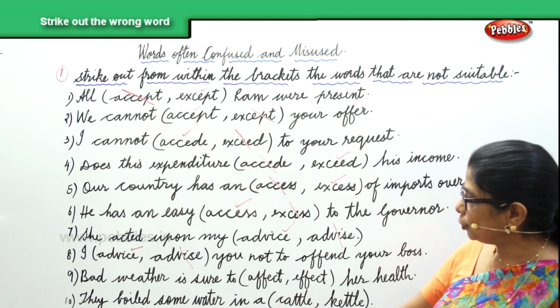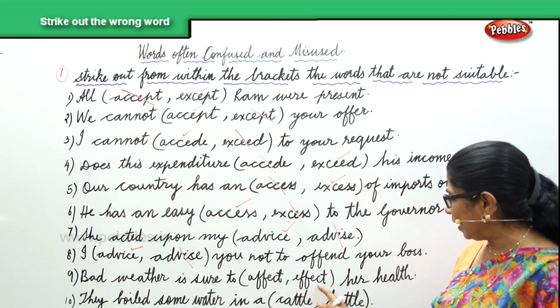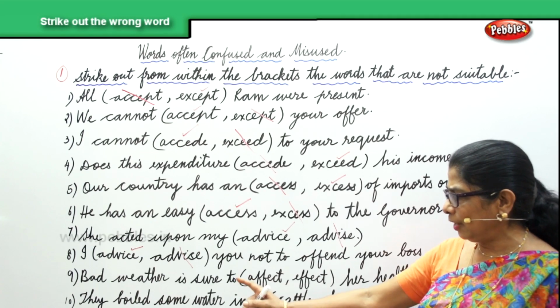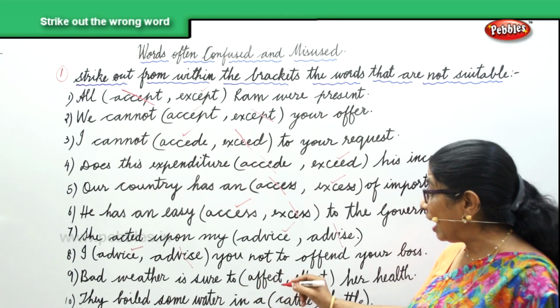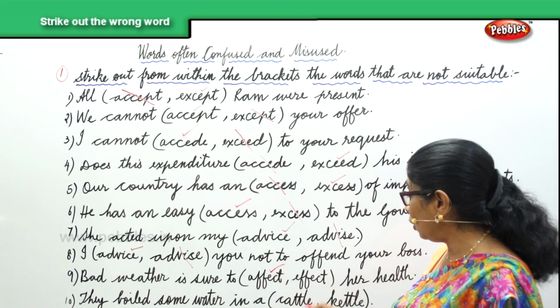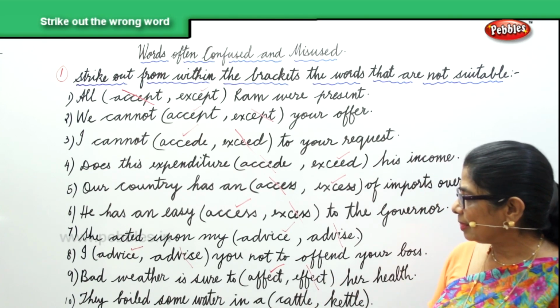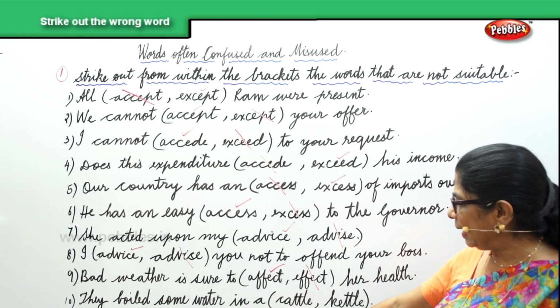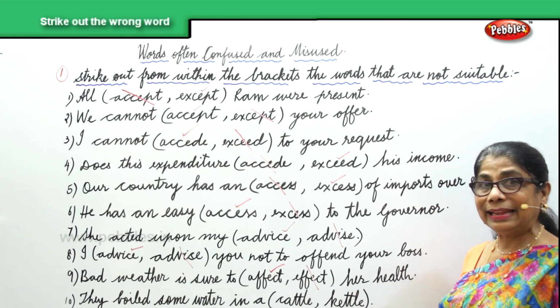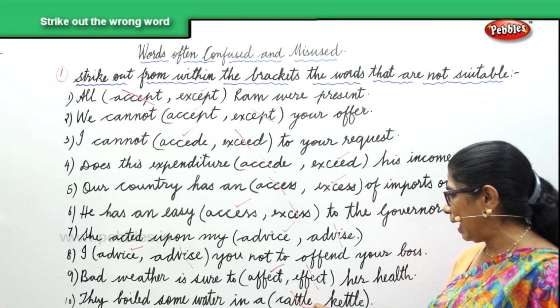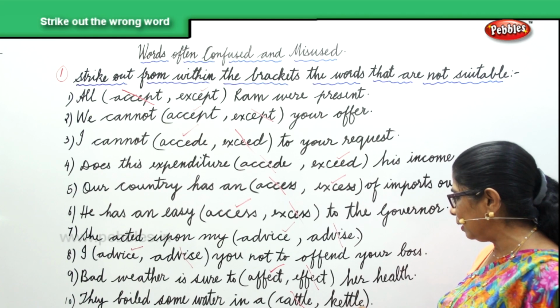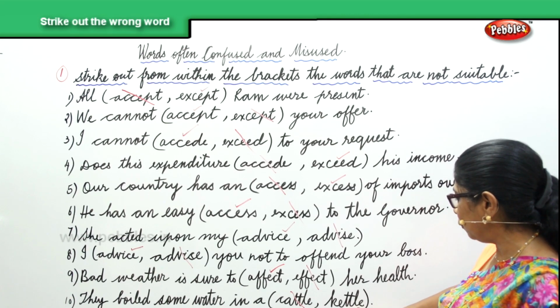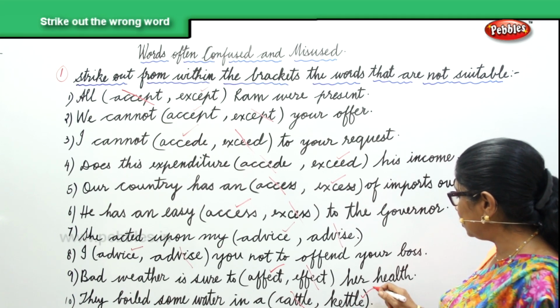Bad weather is sure to affect our health. Bad weather is sure to affect, not effect. They boiled some water in a kettle. Not cattle, this was animal. They boiled water in a kettle, and so we choose kettle.